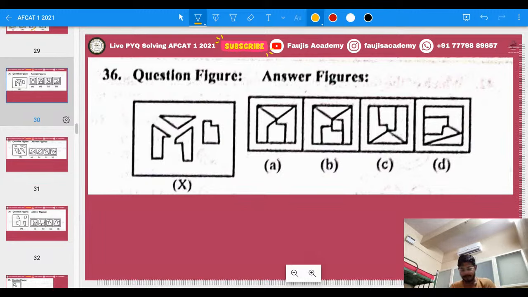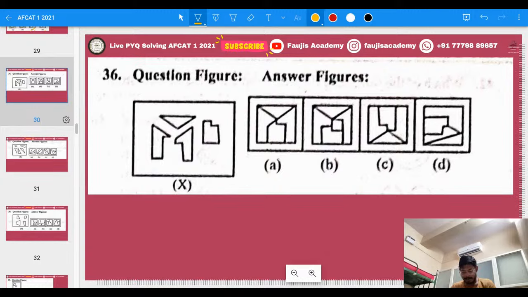36. Quick, tell me what is the answer for 36? What is the answer, guys?